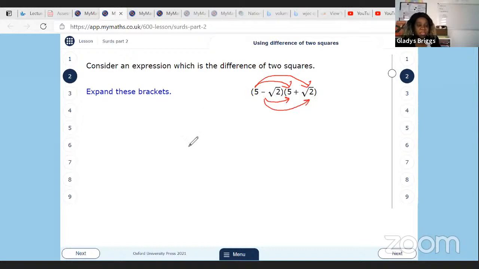You have 5 times 5 is 25. 5 times root 2 is plus 5 root 2. Negative 2 times 5 is minus 2, minus 5 root 2. And root 2 times root 2 is 2, so minus 2, yeah?